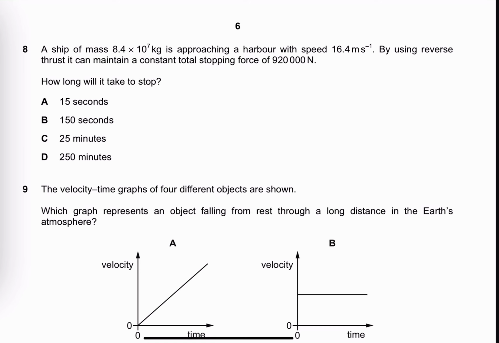How long will it take to stop? Okay, so basically there is an acceleration and the mass is also given, so resultant force by Newton's second law is equal to ma. We need to apply the same force to stop it.